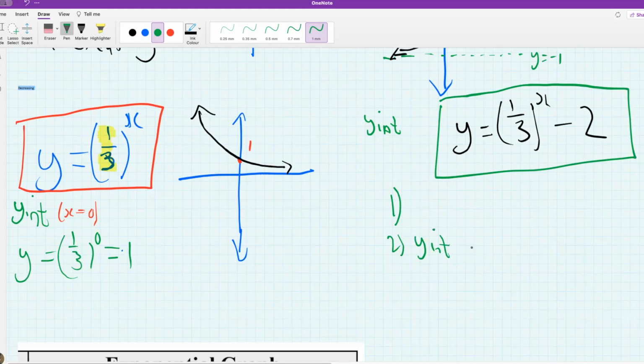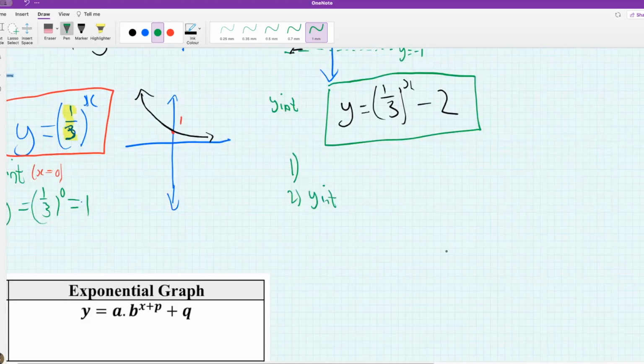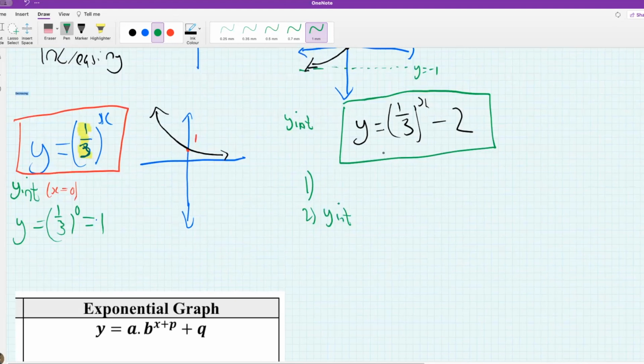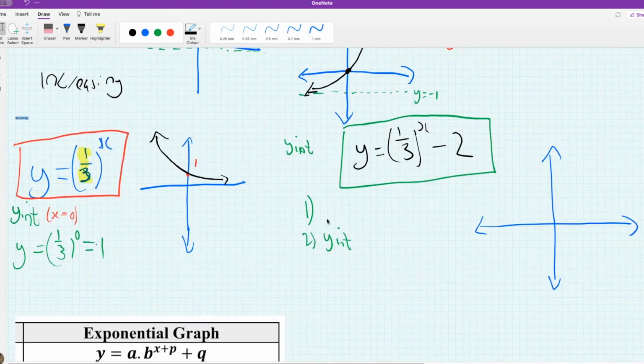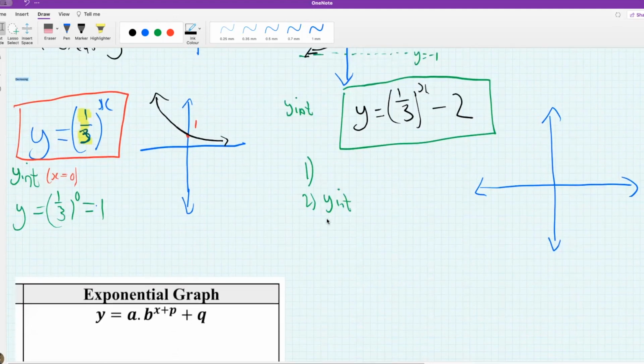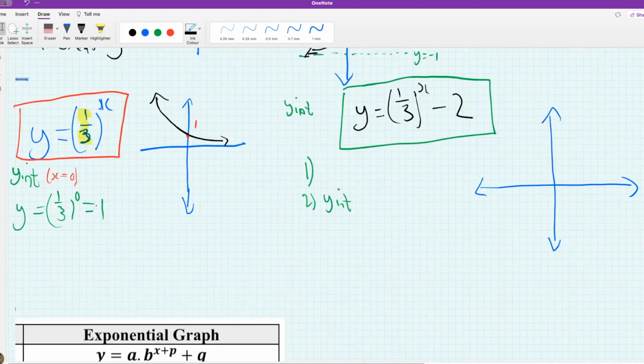And then I want you to try and draw it for me. So if you're confused about what to do, let me know in the chat. But basically, I want you to try and draw the exponential function 1/3 to the power of x minus 2. You can look at how the other examples were done to help you if you need. And then once you're done with that, just say done in the chat.